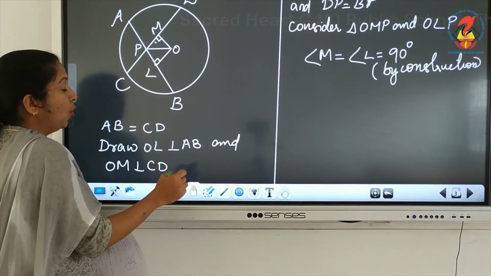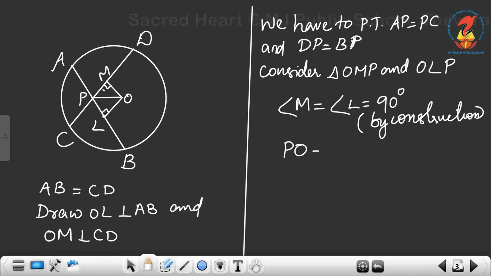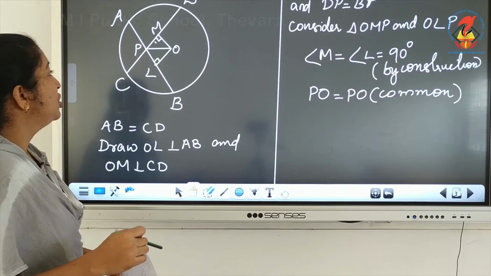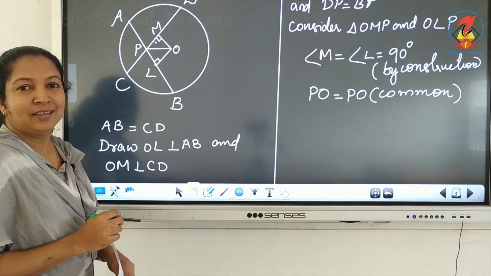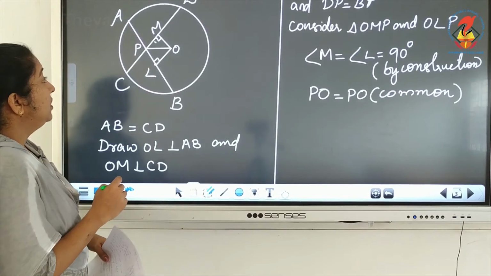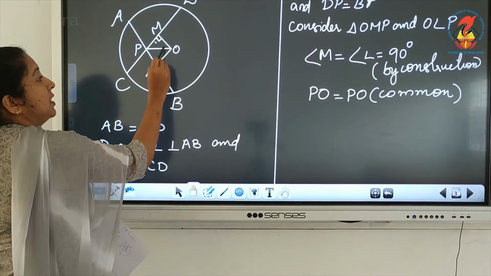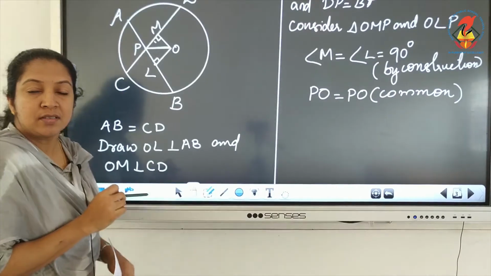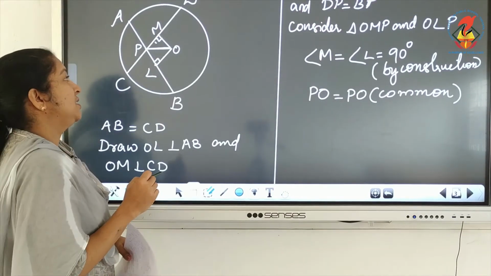Yes, PO is equal to PO, common. So we got one right angle and one side, and that side is the hypotenuse because it is the side opposite to the 90 degree angle.